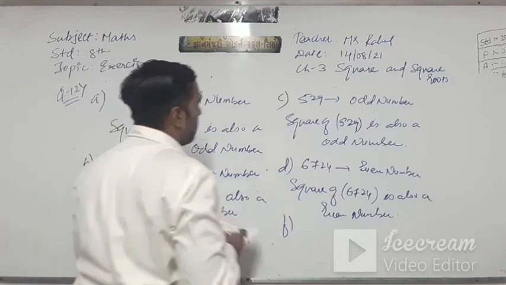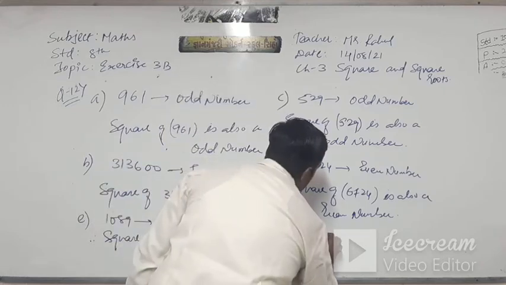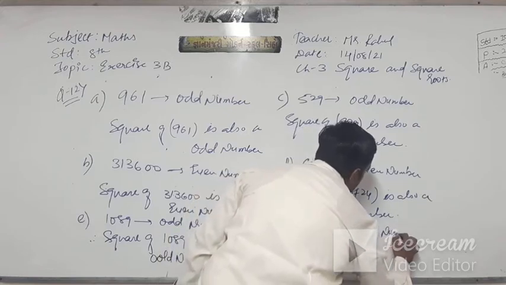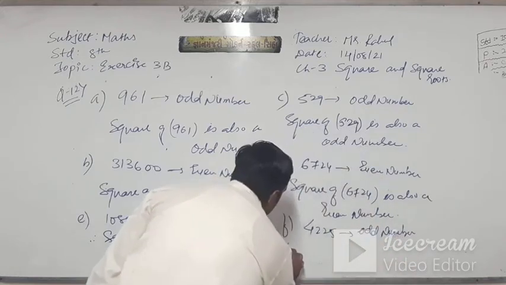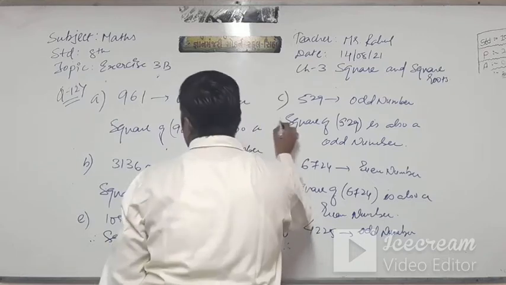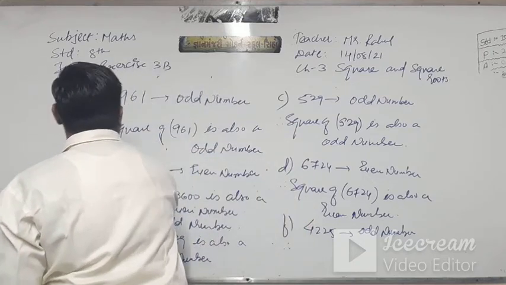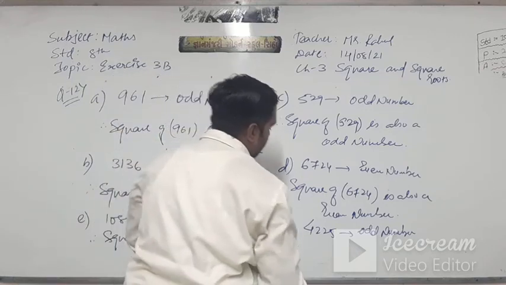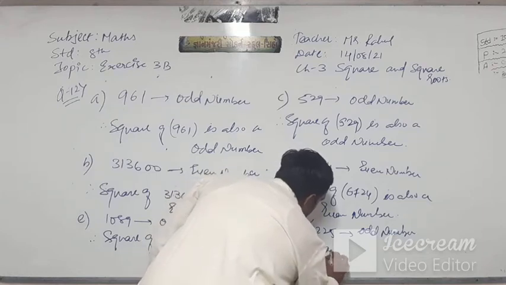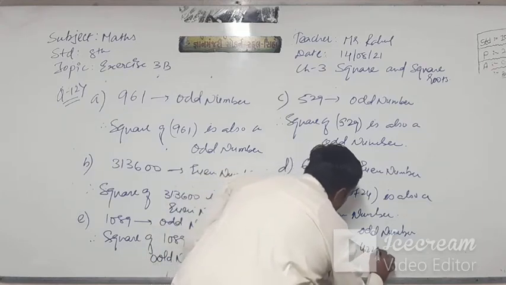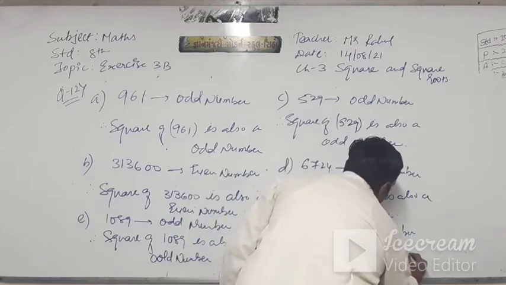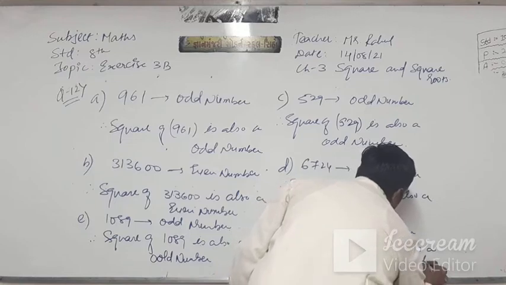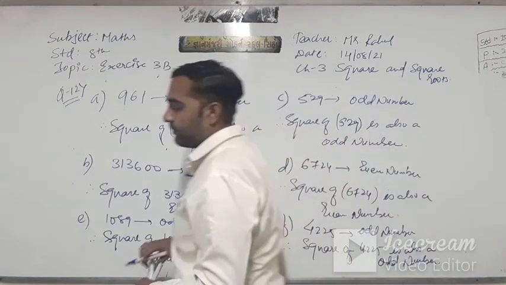And the last one is 4225. 4225 is an odd number, so therefore the square of 4225 is also an odd number. Clear?